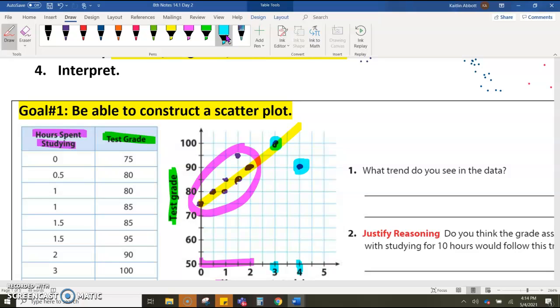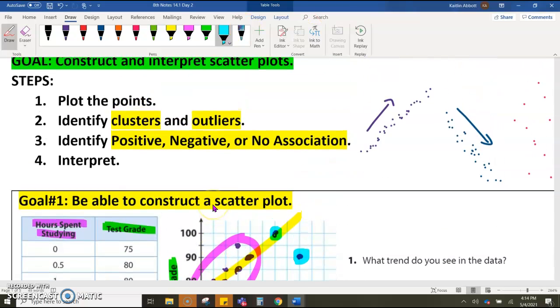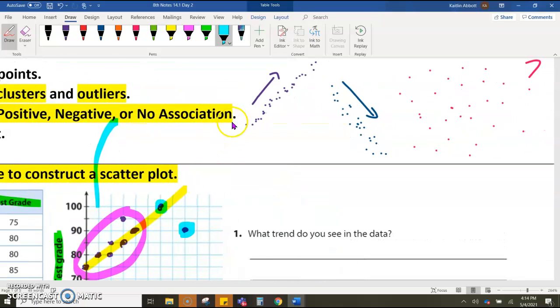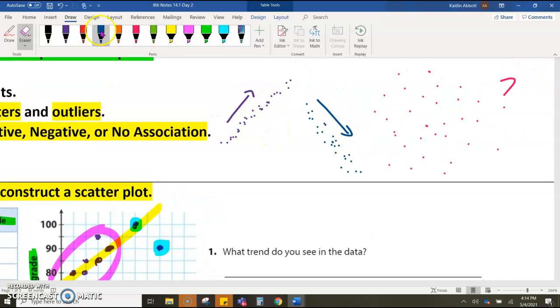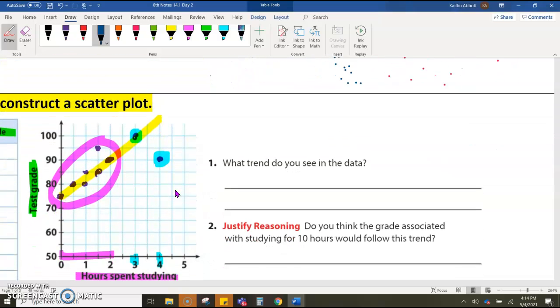And then what kind of association is this? Is it going up? Is it going down? Is there no line, no pattern at all? Let's look at our examples. I should have labeled these: positive, negative, and a question mark over here. Positive goes up, negative goes down, and this one is just a big cluster of dots.